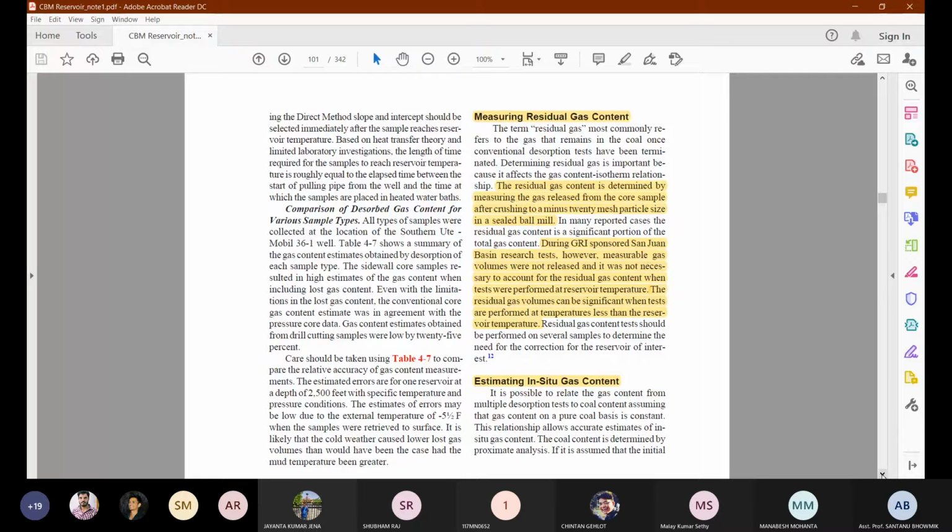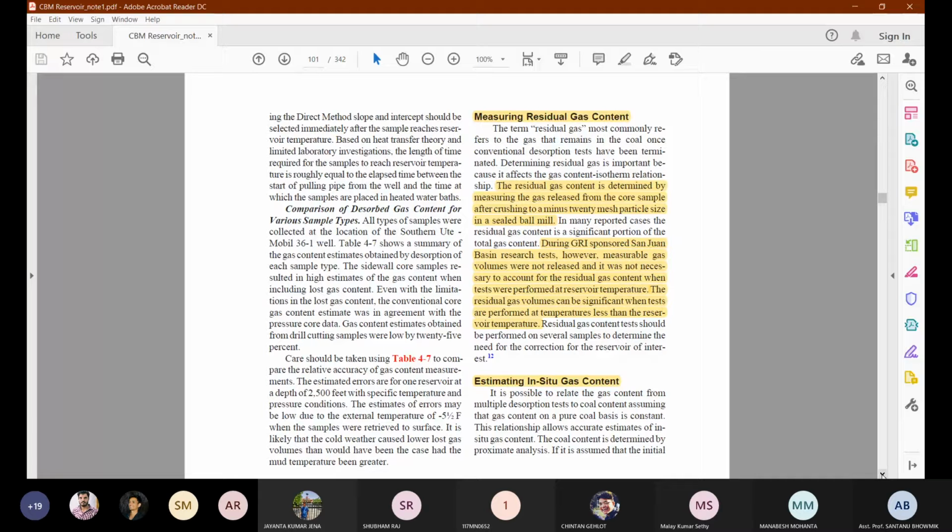What will happen? As the coal is totally saturated with gas, the moment you reduce the gas pressure, you will see that some gases are coming out.